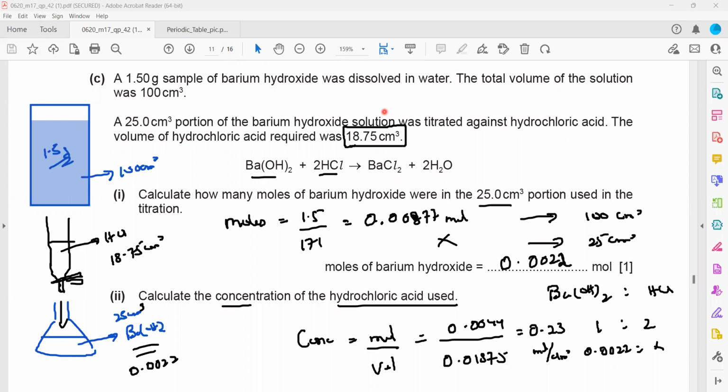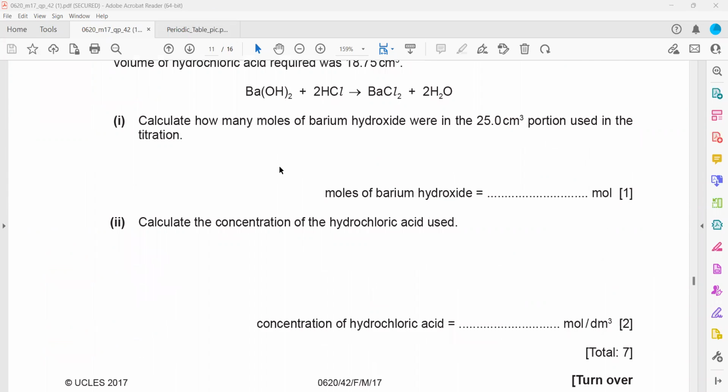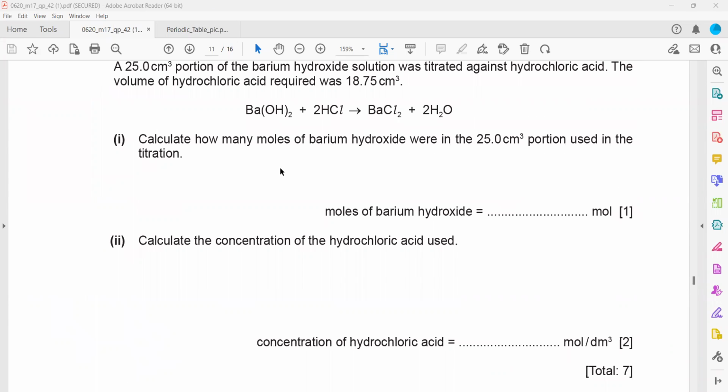It is fine if you take 0.0187, that is also fine. So this was a 7-mark question from the Feb March session.